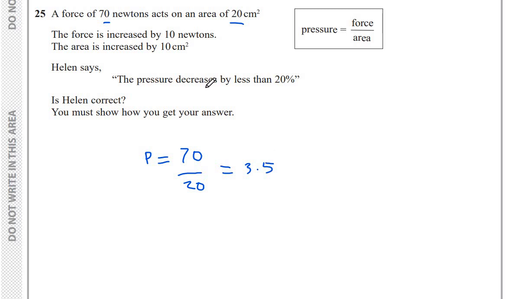And then if you decrease the pressure, increase the force by 10, so that means you have 80, the new force, and you increase the area by 10, so that is an area of 30. Now the pressure is 8 divided by 3.